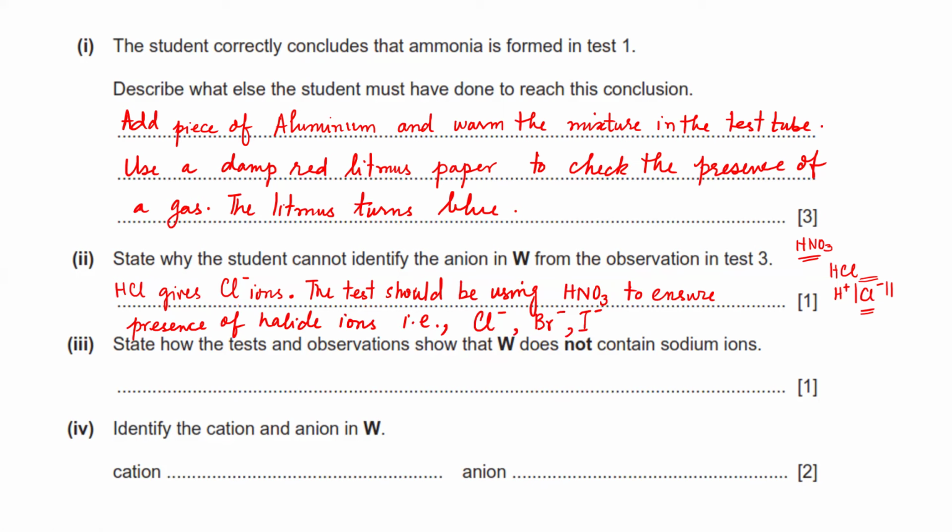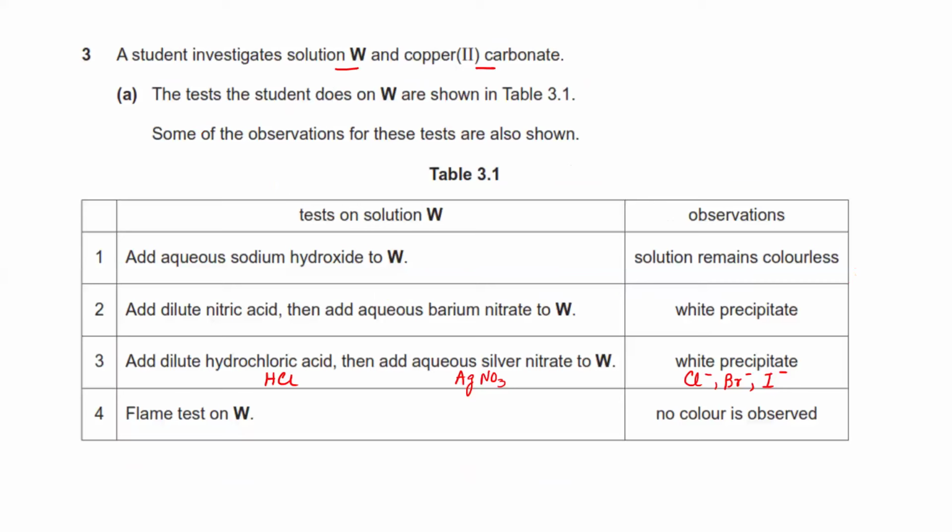Okay, that is how it should be, because when you are looking for a certain ion, what will happen here is that a white precipitate of silver chloride may form, and chlorine may or may not be present in the solution W. Since you have added hydrochloric acid, that can be a source of chlorine, and that may be leading to the silver chloride precipitate, which is white in color.